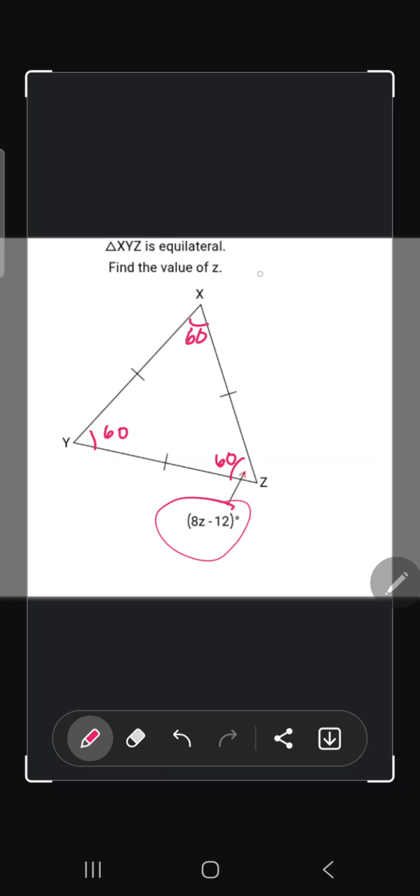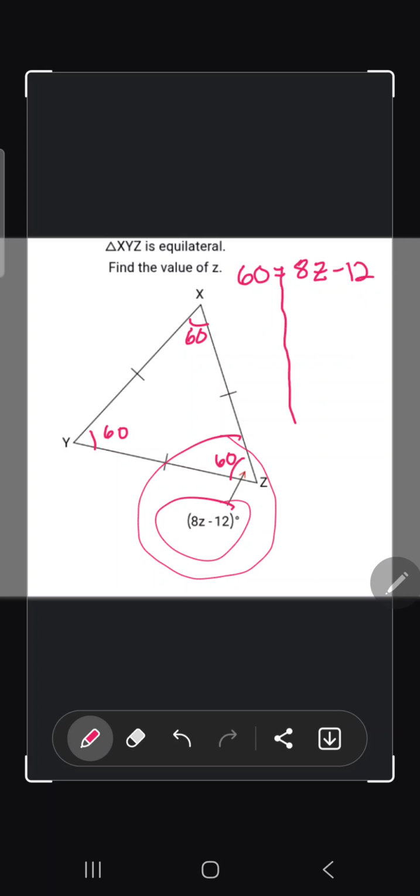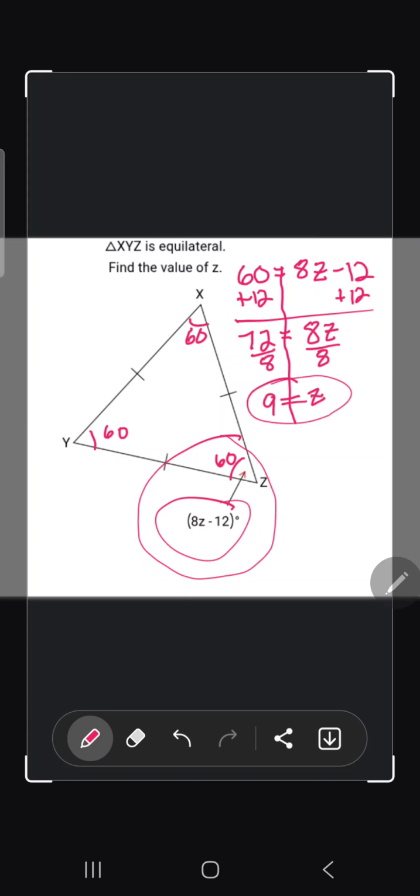So I can write an equation where this angle is not only equal to 60, but it's also equal to 8z minus 12. Now I have a two-step equation I can solve, where I can add 12 to both sides of the equation, and that gives me 72 equals 8z. My last step will be to divide by 8 on both sides, and z will equal 9. And that's my answer, the value of z is 9.